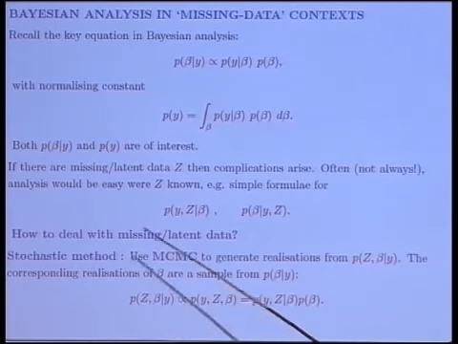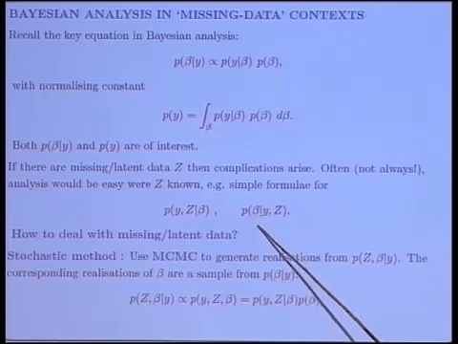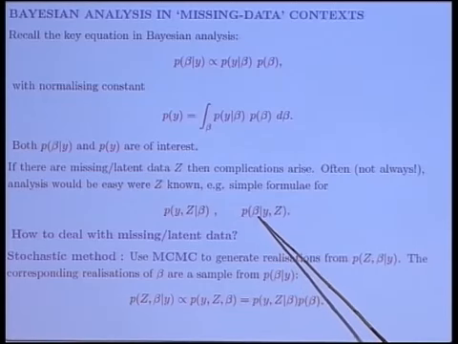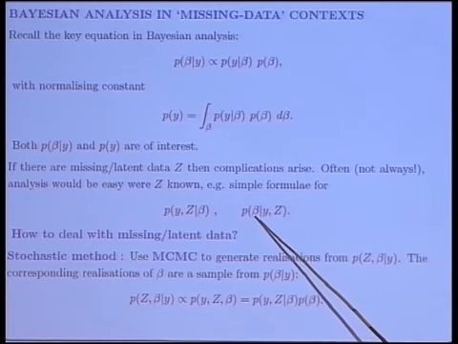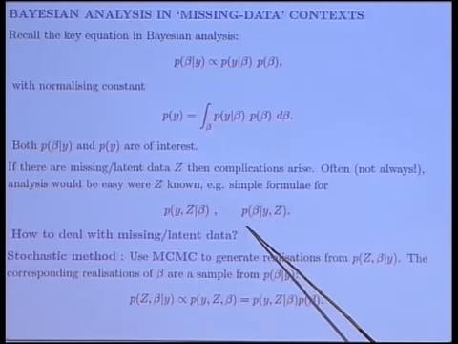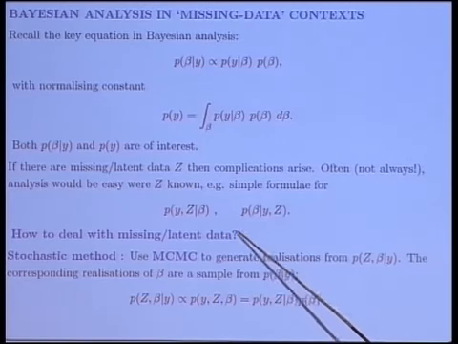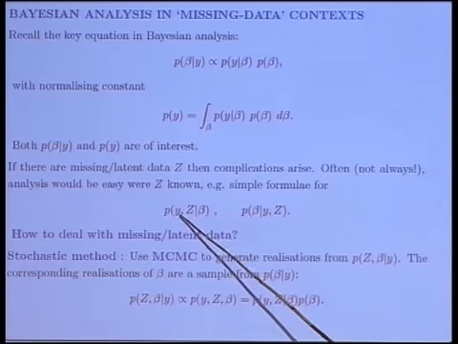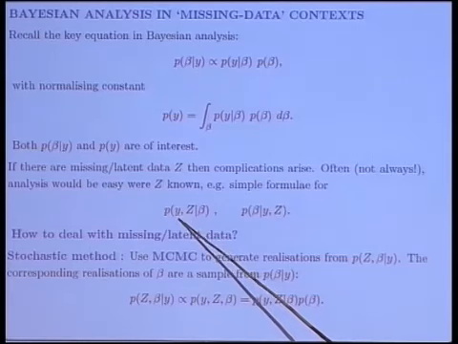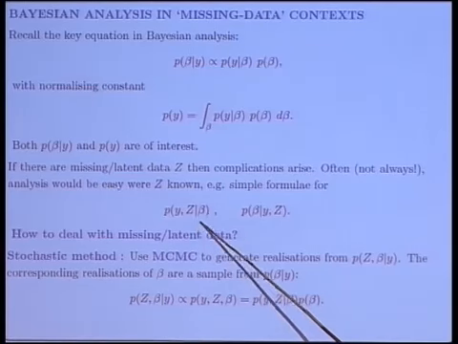Because if the z's were known, they would be part of the data. So the thing of interest would really be the distribution of beta given everything. And also the so-called likelihood function, the probability function of all the data given beta, is often quite simple.